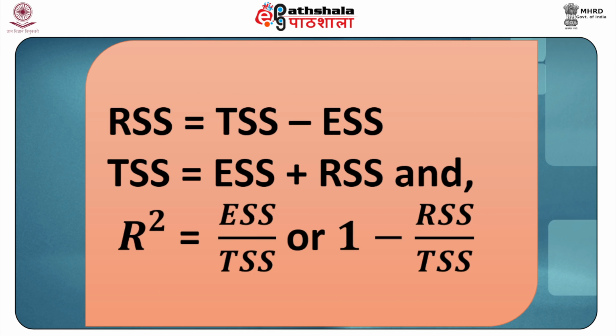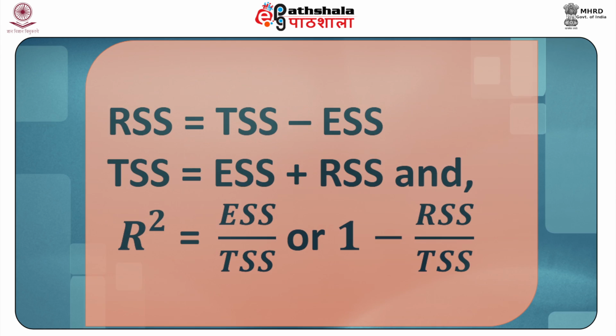Therefore, our residual sum of squares is equal to the total sum of squares minus the explained sum of squares. Hence we can say that the total sum of squares is the explained sum of squares plus the residual sum of squares, and R square is equal to the explained sum of squares upon the total sum of squares, or is equal to 1 minus the residual sum of squares upon the total sum of squares.